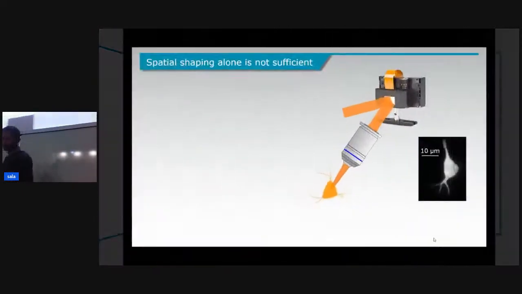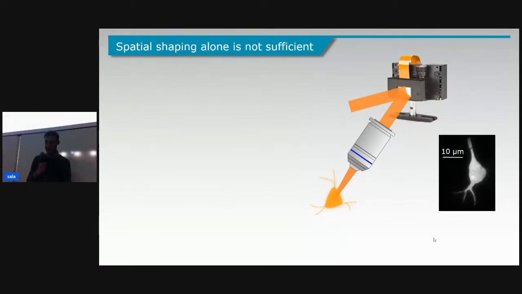Okay, so back to this spatial shaping that I was talking about. You have this spatial light modulator, and we typically want to reproduce the shape of a neuron. On the right side here, you have a real experiment in which we actually shaped our laser to reproduce the neuron. However, in linear optics, there is a problem if you do this.